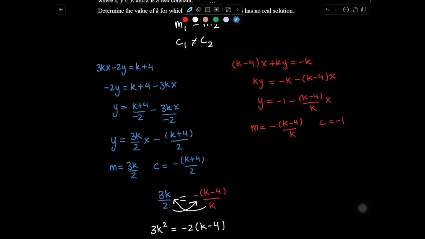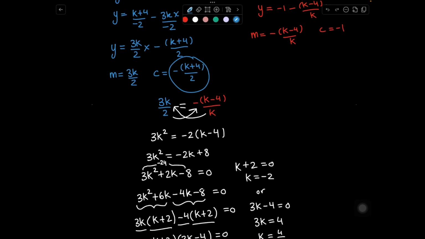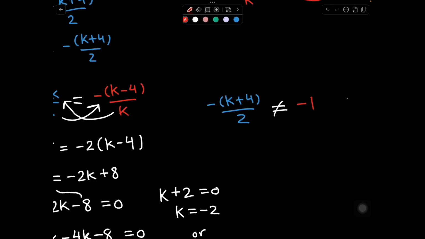So remember that we said that our y-intercepts have to be different. So if we make that equation, where we say this y-intercept here has to not equal the other y-intercept. And then we solve this. Well, I'll just multiply the 2 across.